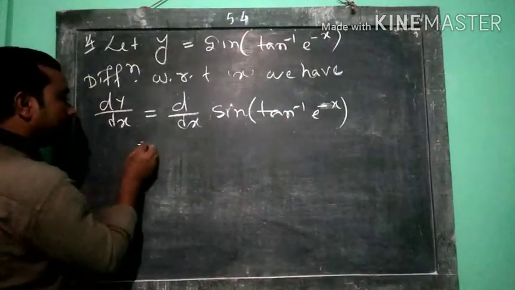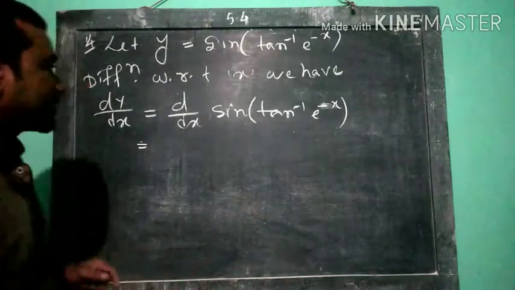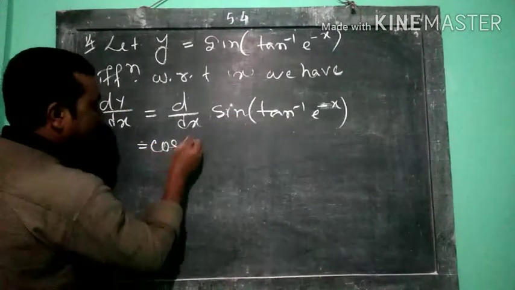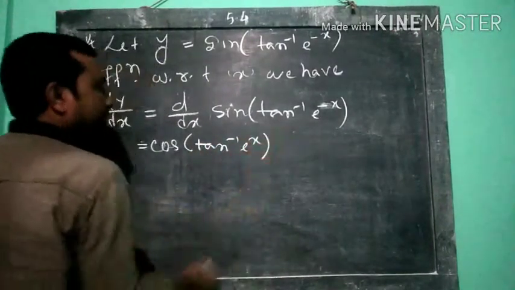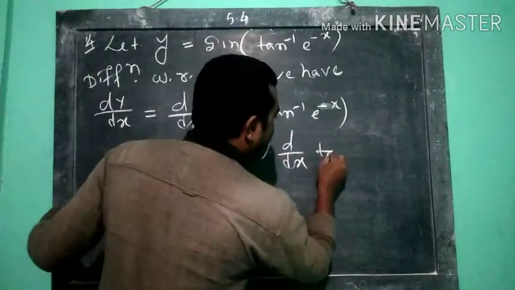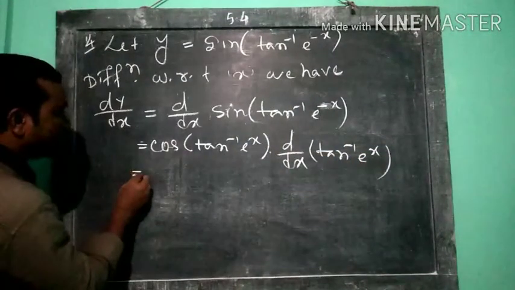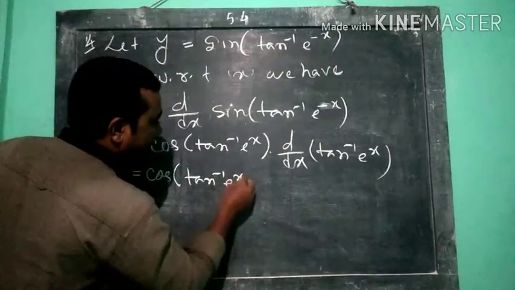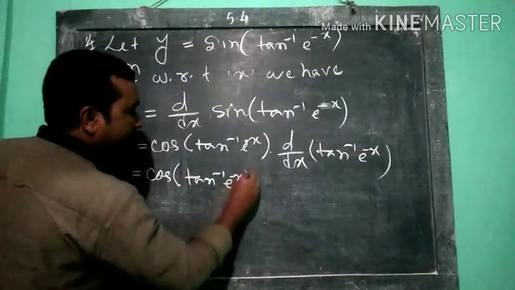So this is equal to d/dx of sin x. We know d/dx of sin x is cos x. So first of all, if we differentiate sine, then we get cos x, where x is tan inverse e to the power minus x, into d/dx of tan inverse e to the power minus x.